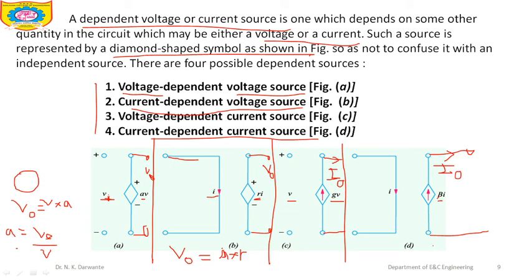Beta is equal to output current, that is IO, divided by small i, that is the input current. This beta is the current amplification factor. In this way we can represent all these sources.